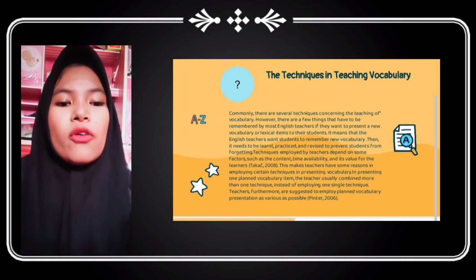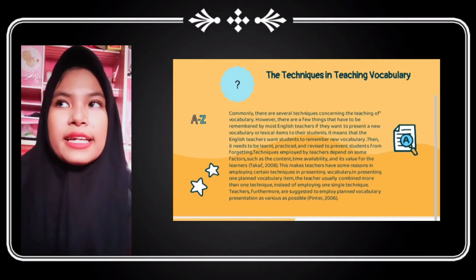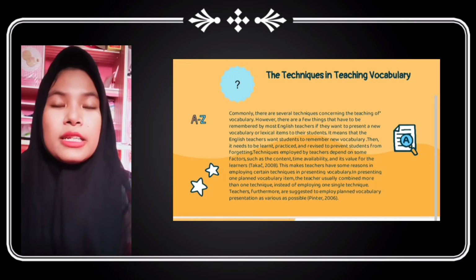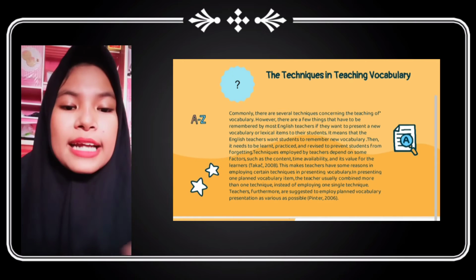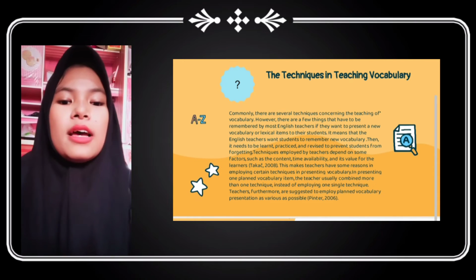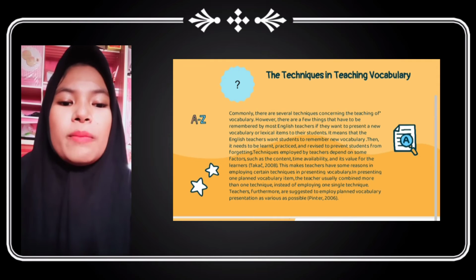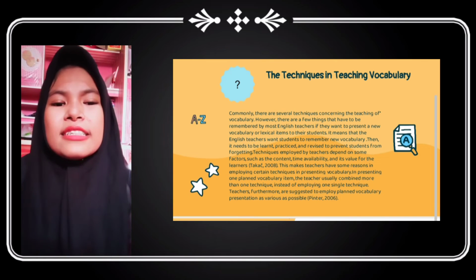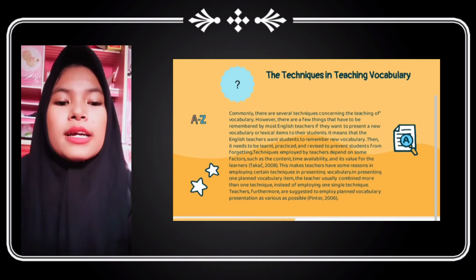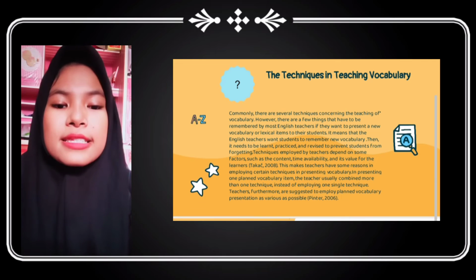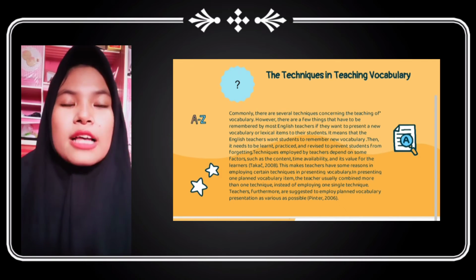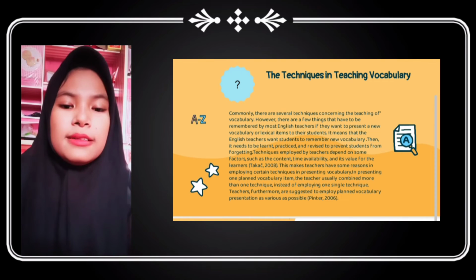In presenting one plain vocabulary item, the teacher usually combines more than one technique, instead of employing one single technique, and teachers furthermore are suggested to employ vocabulary presentation as various as possible.